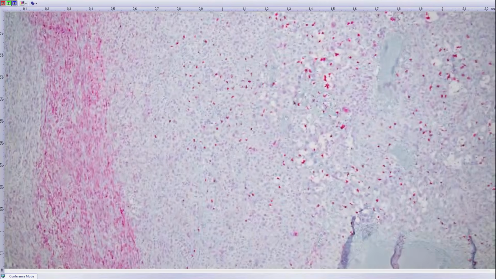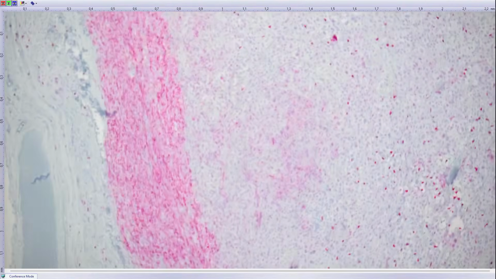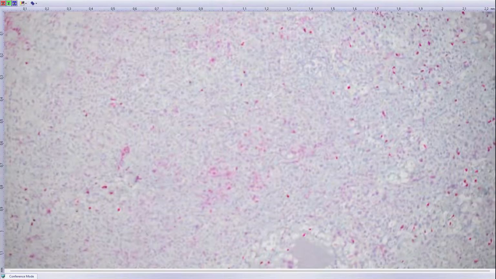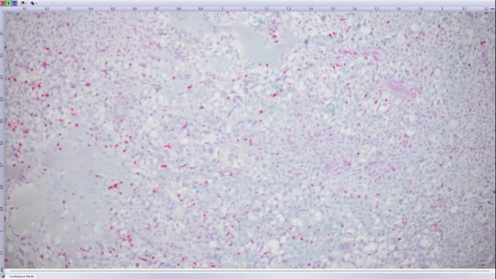So you do CD117 or c-KIT immunohistochemistry. You could see some expression here at the periphery and some very weak expression in some of the epithelioid cells.